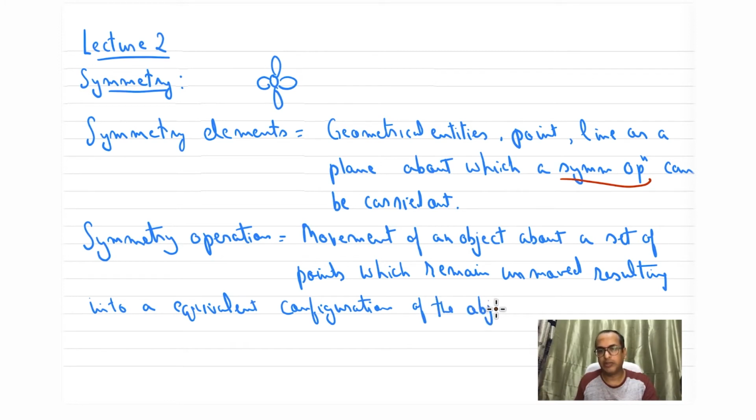We will take examples, so don't worry if it is not clear, but let's just first get done with the formal definitions.